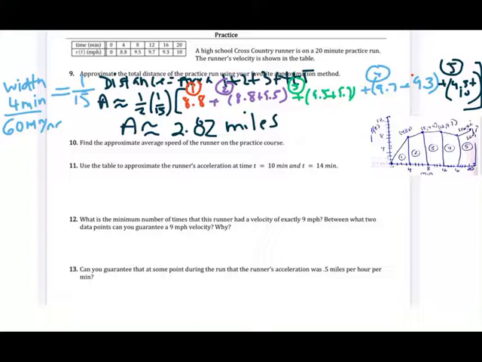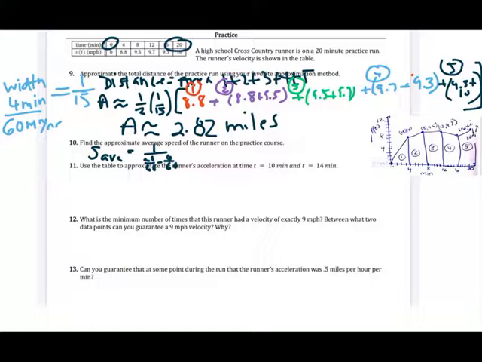Number 10 asks us to find the average speed. I'm going to call that S average, which is 1 over, actually let's convert this, 1 over 20 over 60 minus 0 over 60. Normally I would just say 20 minus 0, however I want these to be in consistent units. So 20 over 60 minus 0 over 60.